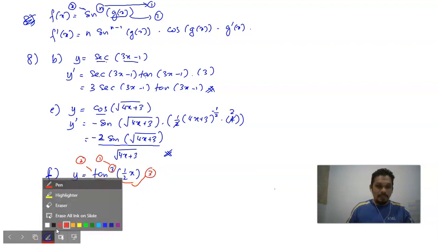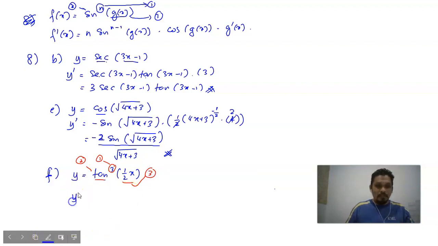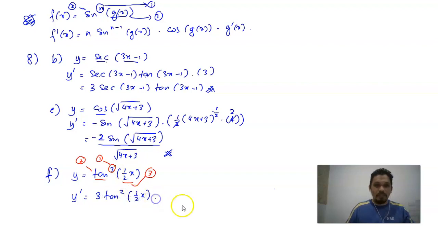So y prime, or dy dx, means that we differentiate 3 tangent squared of 1 over 2x multiplied with the derivative of tangent, secant squared 1 over 2x, multiplied with the derivative of 1 over 2x, which is half, 1 over 2.